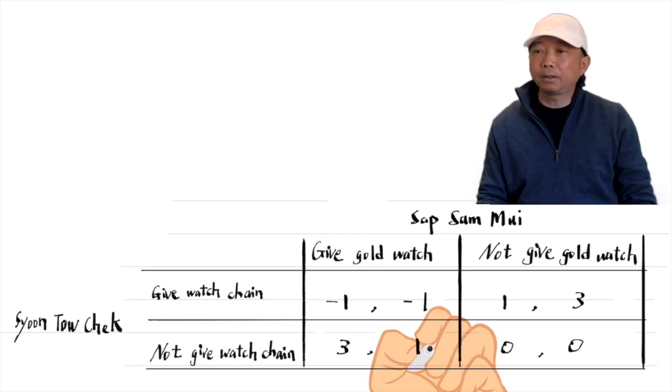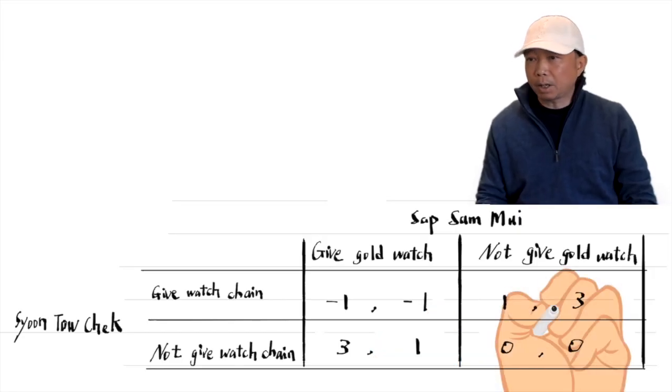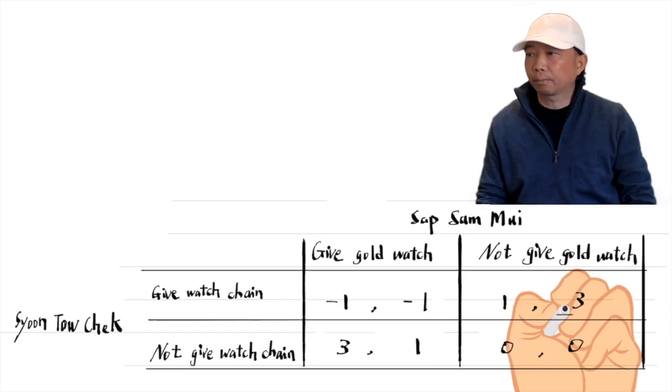Next, we find the Nash equilibria, the combinations of choices that are rational for both sides. First, consider 13枚's best choices. If 船頭尺 gives her the watch chain, her best response is not to give the gold watch, because her payoff is 3, which is higher than the other option, -1.